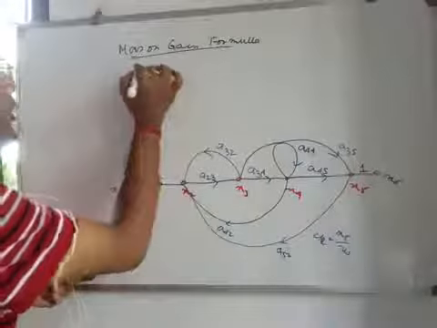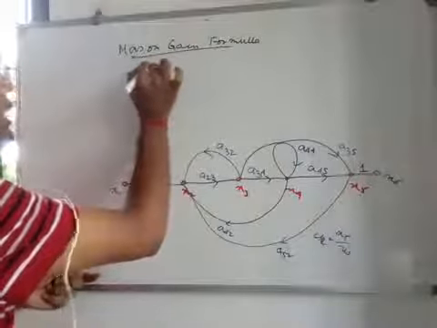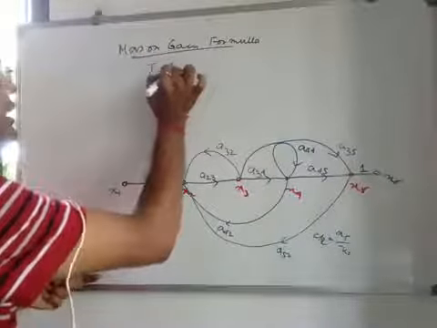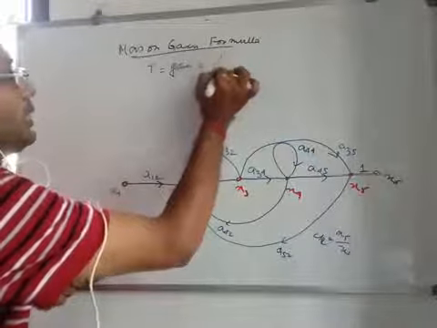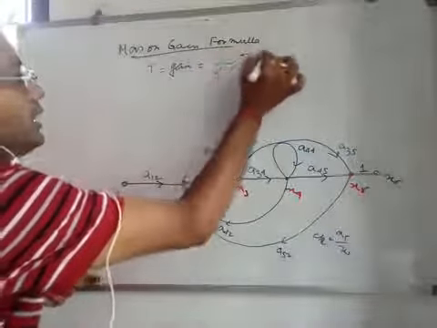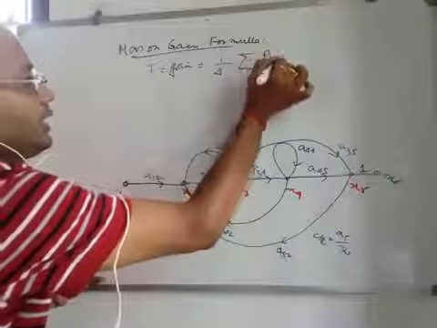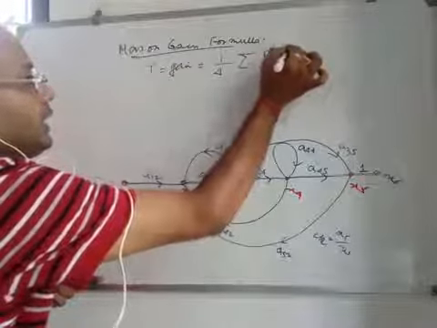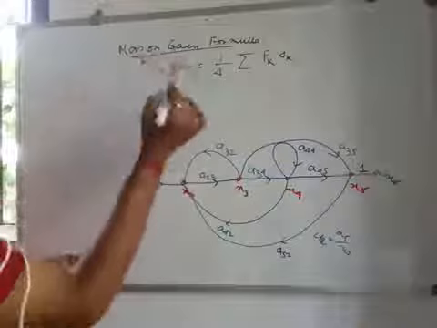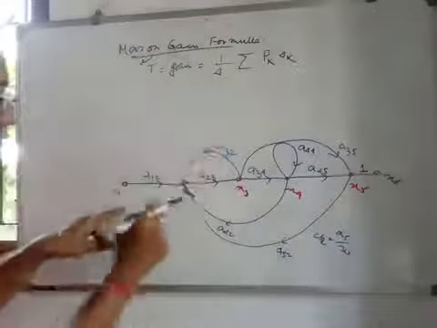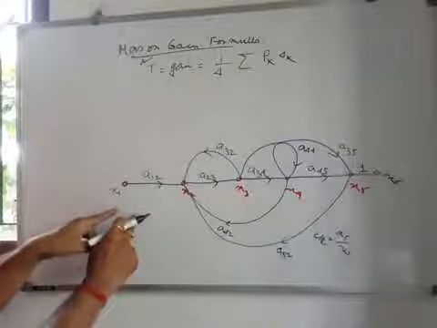So Mason's gain formula is written like T, the gain, equal to 1 by delta, that is the standard form, summation of Pk delta k, right? So this is the Mason's gain formula, that is T. Here in this case this T is nothing but x5 by x1, right?